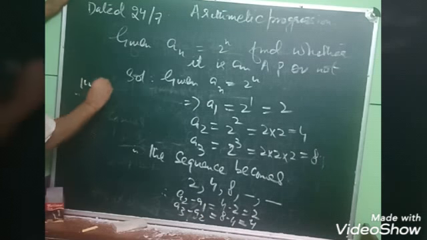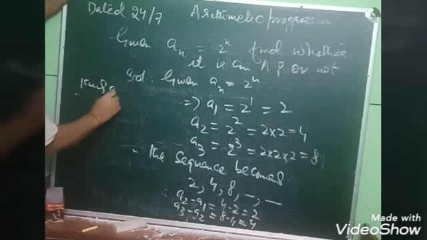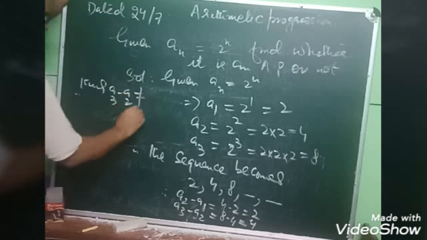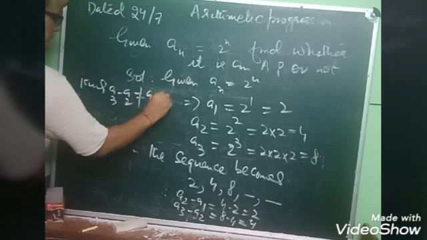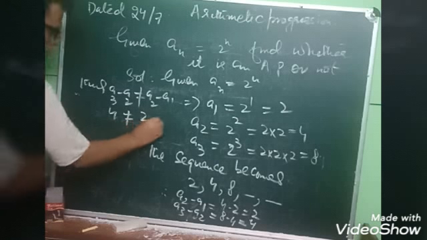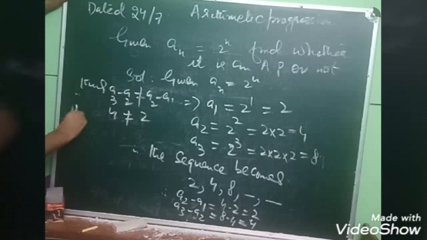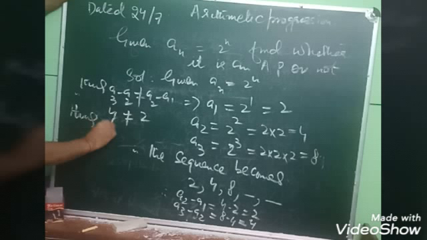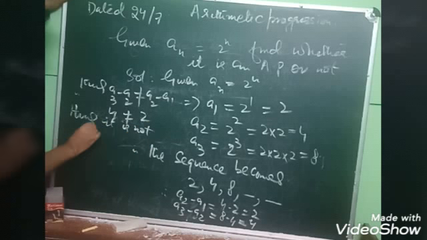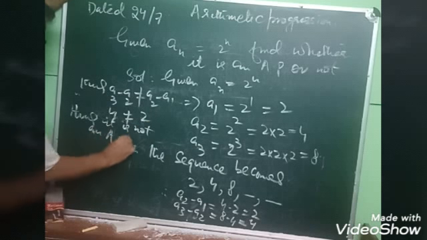Thus a3 minus a2 is not equal to a2 minus a1, that means 4 is not equal to 2, thus it is not an AP.